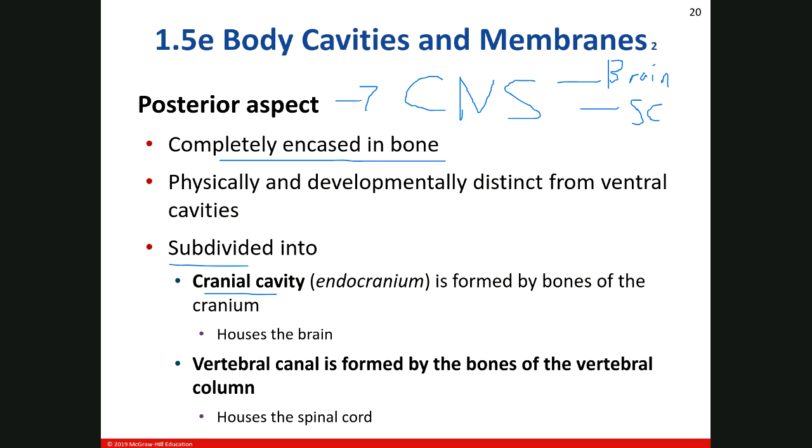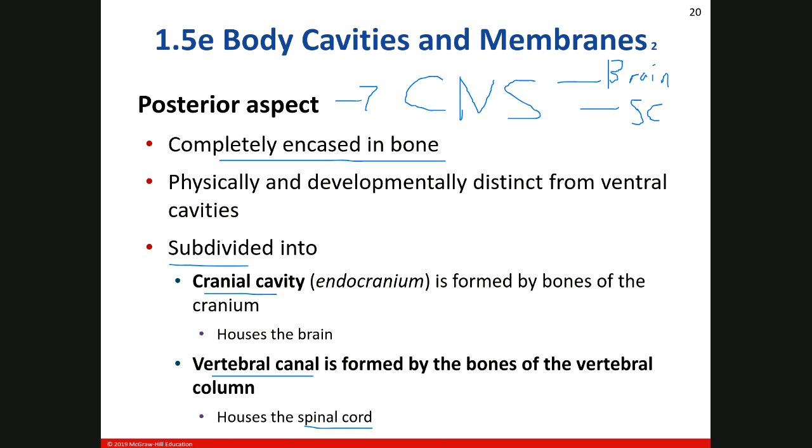We've surrounded the brain with bones to keep it safe. I like that idea. The second one is the vertebral canal, your spine. That's great because that protects the spinal cord. So keep that in mind. The posterior aspect is your skull and your spine, and that's it. So the other cavities are going to be everything else.